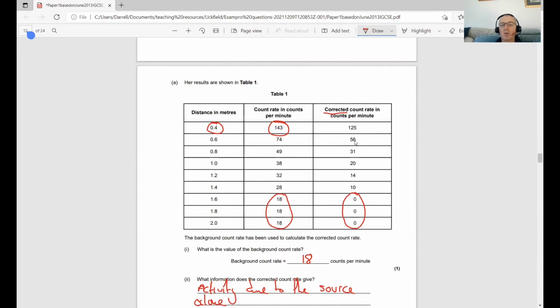Because there is a count at 40 centimeters, and because that count due to the source, the corrected count, continues to 1.4 meters, it can't be alpha, because the range of alpha is a few centimeters in air.